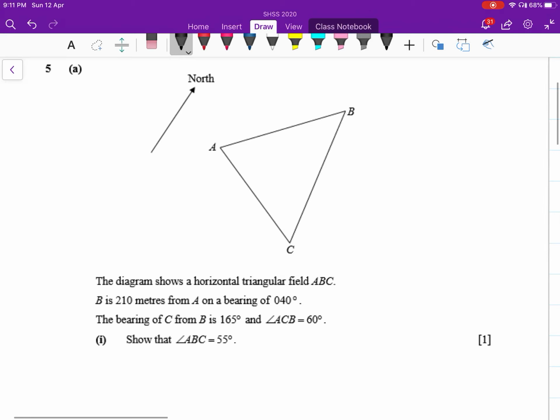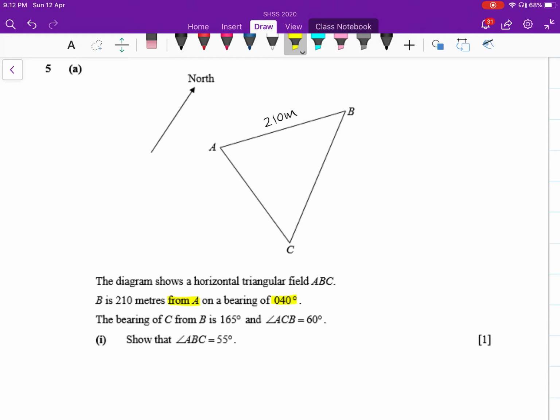Let's read the question and fill in the information on the diagram. The diagram shows a horizontal triangular field A, B, C. B is 210 meters away from A, so we just fill in 210 meters away from A on a bearing of 40 degrees. Now, this question says the bearing of B from A is 40 degrees.